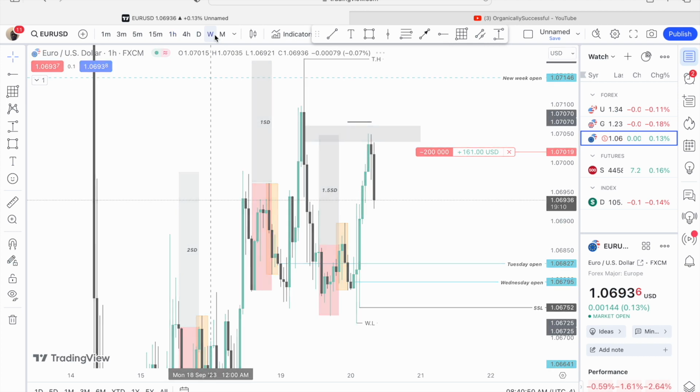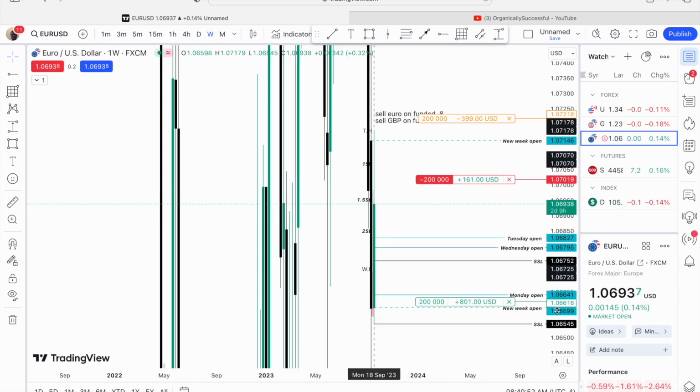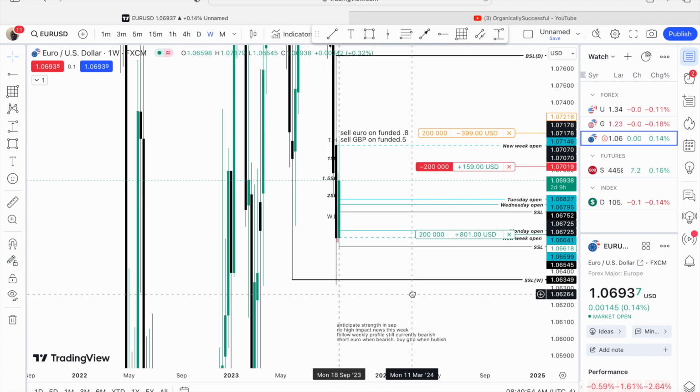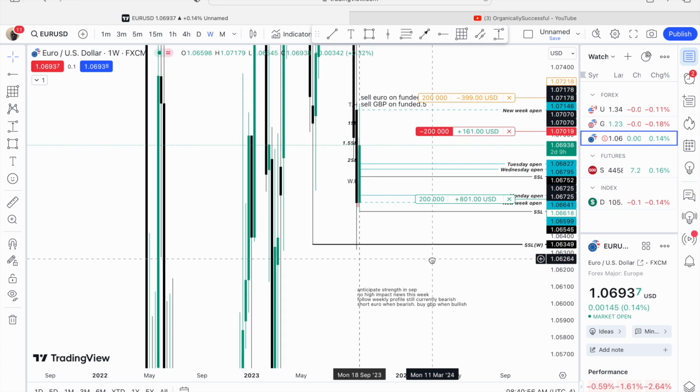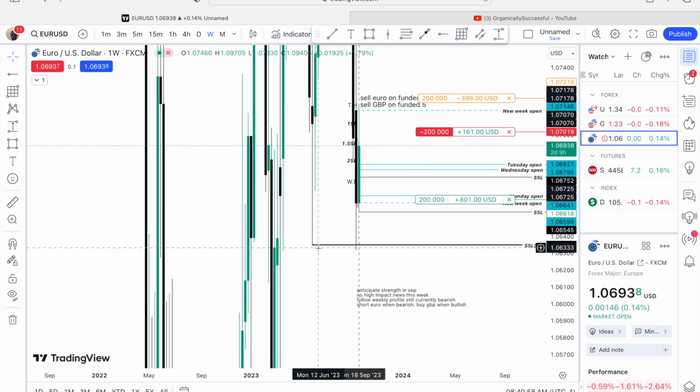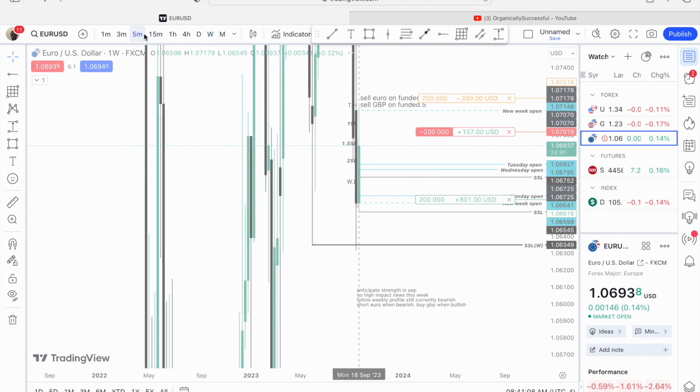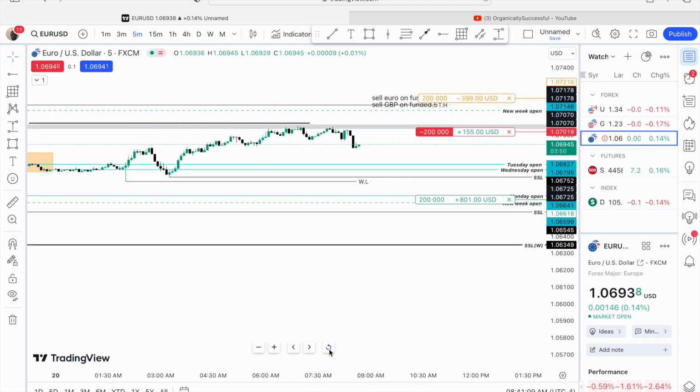The weekly draw is still in effect. Don't take these things lightly. You see the smaller wick through the sell side. That is still a very significant moment in price to take note of.